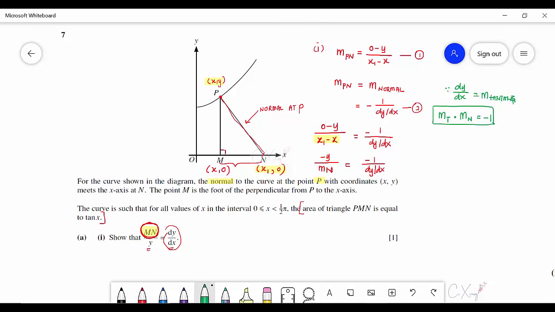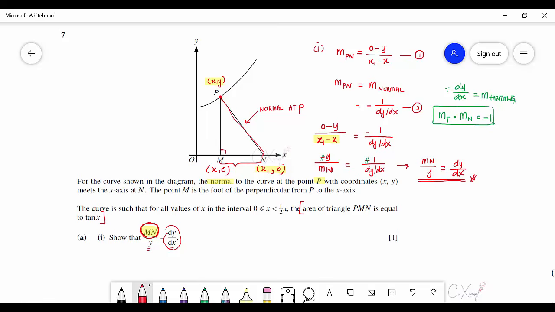Okay, so from this part, I think the answer is quite clear already. You can cancel off the negative on both sides, and after that cross multiply to get MN over y equals dy over dx over 1, and this is how we get the first equation that they want us to show.